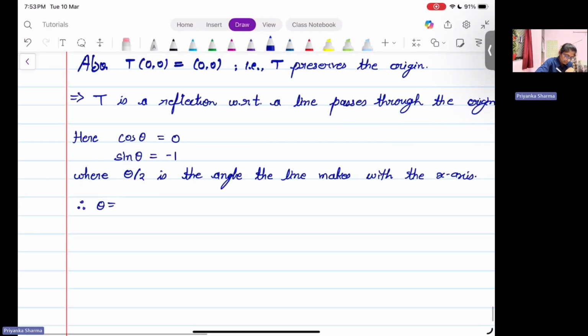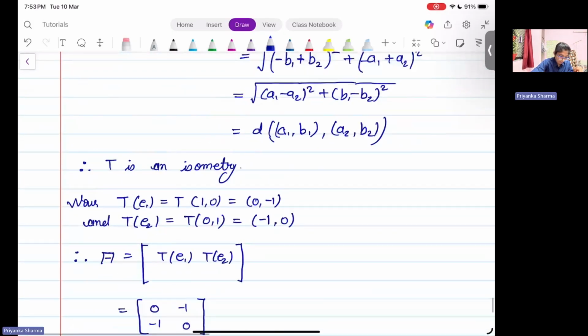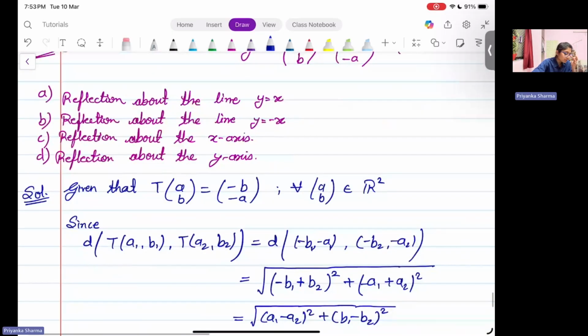So what is theta? Then we will take the half of that to find this.